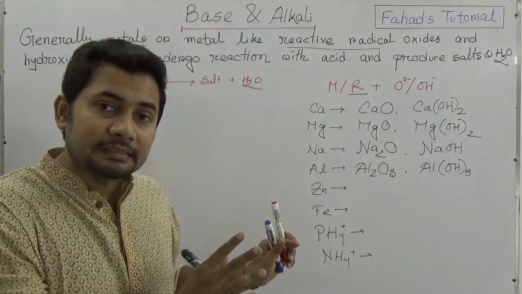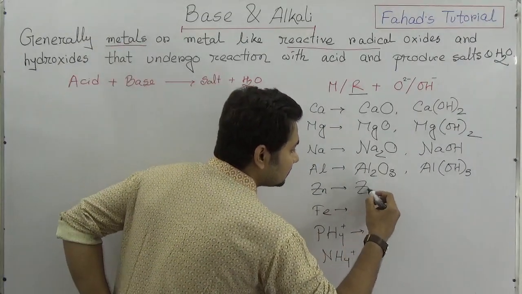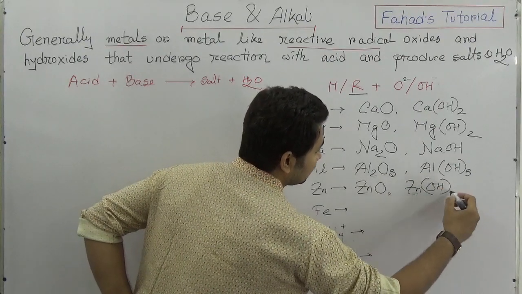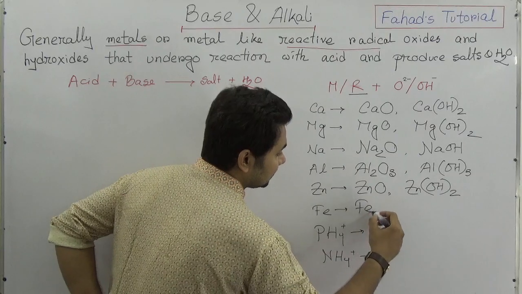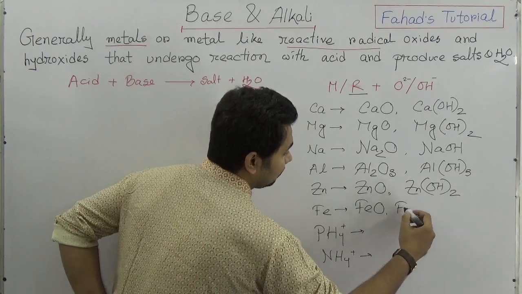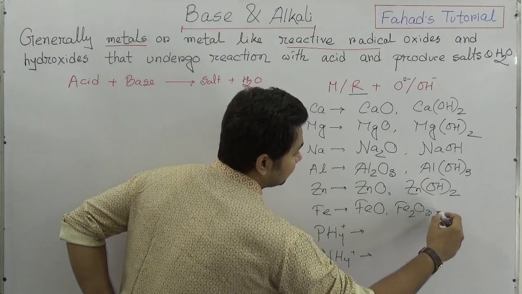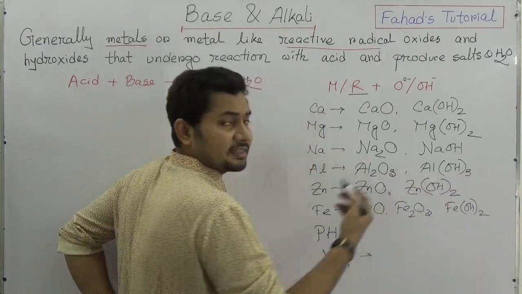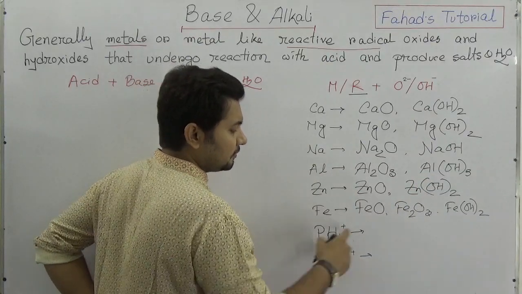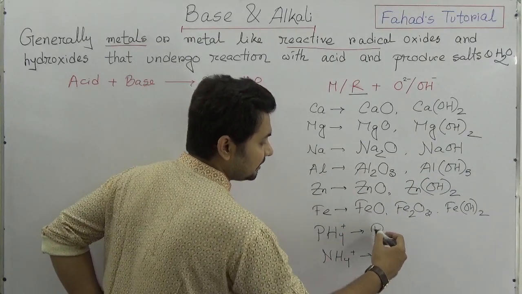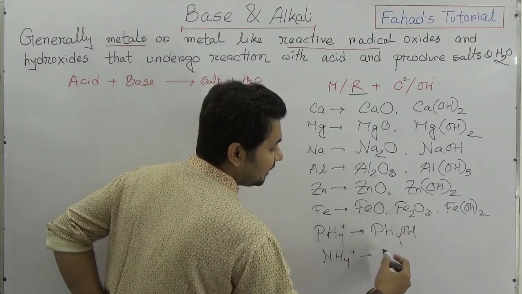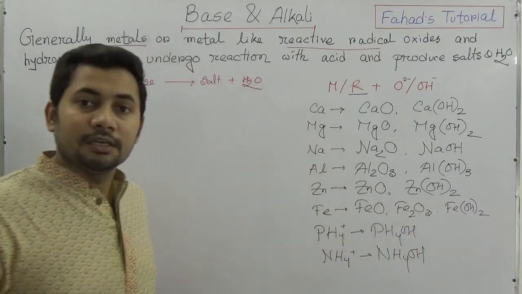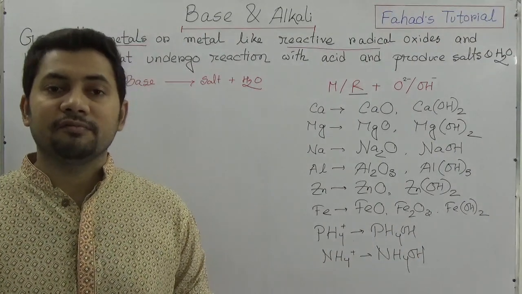These compounds are all bases. For zinc, it will be zinc oxide and zinc hydroxide. For iron, we can say ferrous oxide or ferric oxide, or ferrous hydroxide, like that. This is phosphonium oxide or phosphonium hydroxide, PH4OH, and very commonly we know ammonium hydroxide. So these are all examples of base.